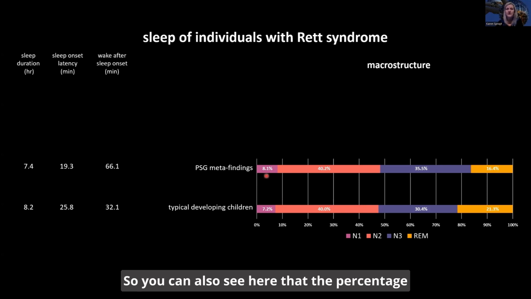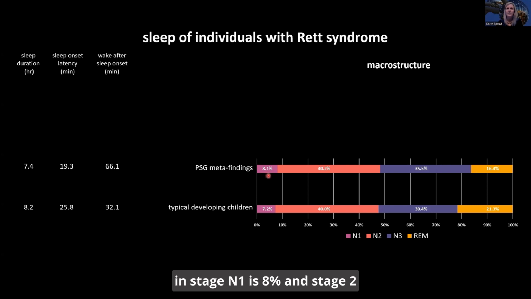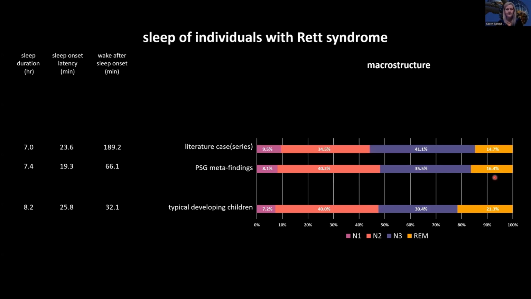So you can also see here that the percentage in stage N1 is 8%, in stage 2 is 40%, in the non-REM stage 3, so the deep sleep, it's 35%, and in the REM sleep, it's about 60%.